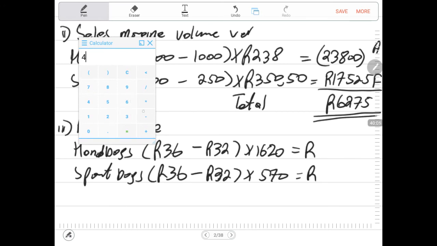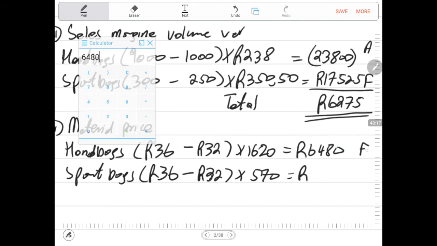36 minus 32 is 4, times 1620. It gives us 6480, and this variance is favorable. Then for the second one, 4 times 570, we get 2280, which is a favorable variance.